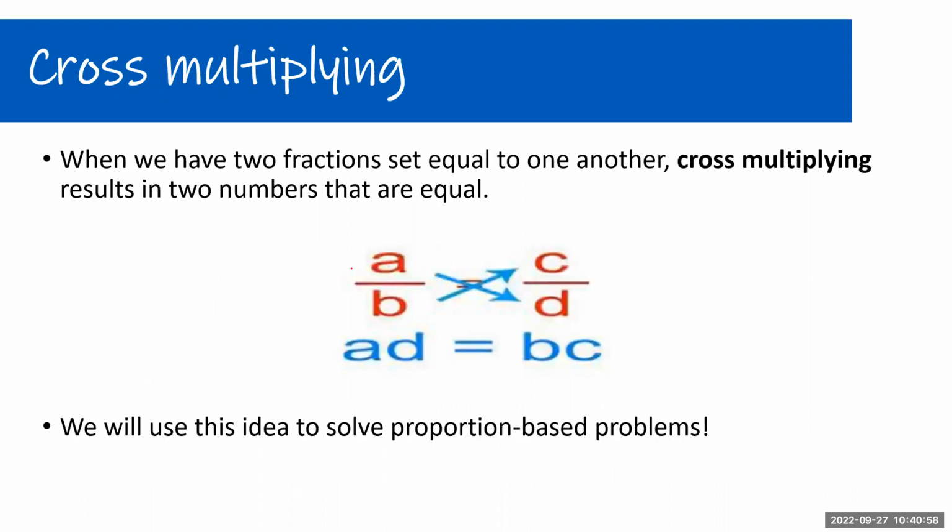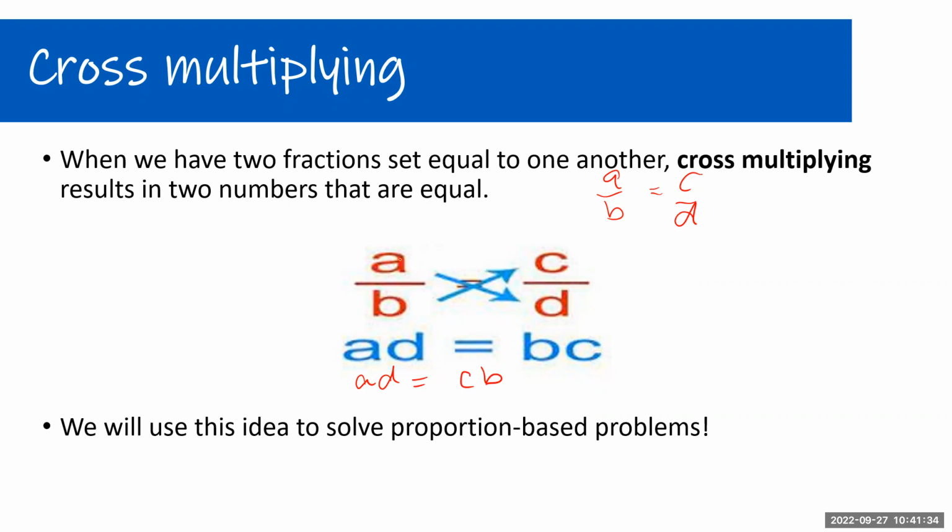The easiest way to solve proportions is cross multiplying. When we cross multiply, we set those two fractions equal to each other. So A over B in this case equals C over D. And then to solve, we're going to take advantage of the concept that A times D has to equal B times C. Now remember, multiplication is commutative, so you could also say A times D equals C times B, any arrangement of those.